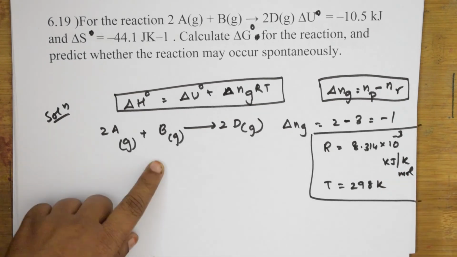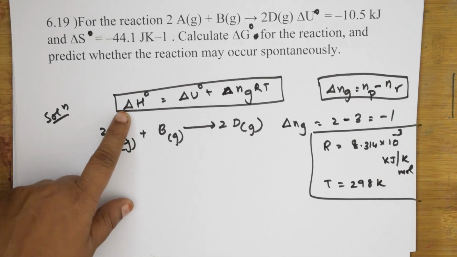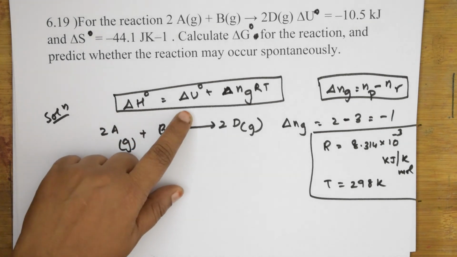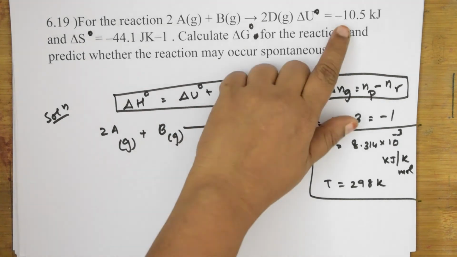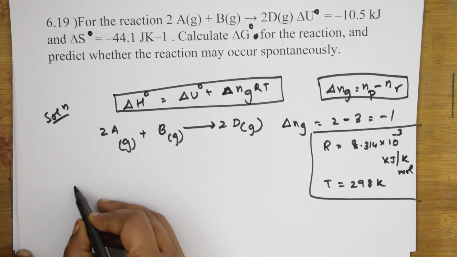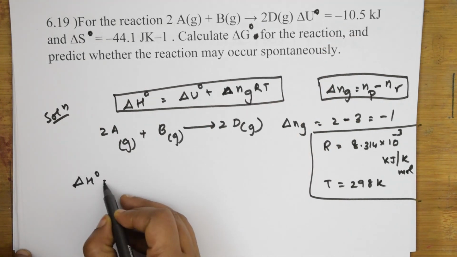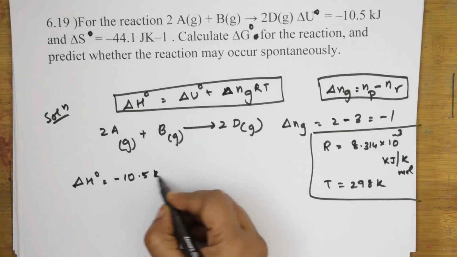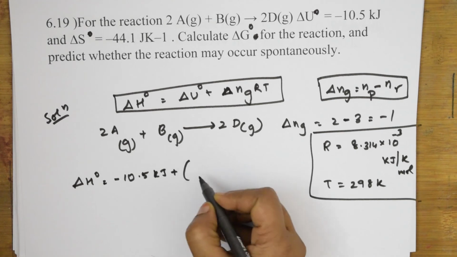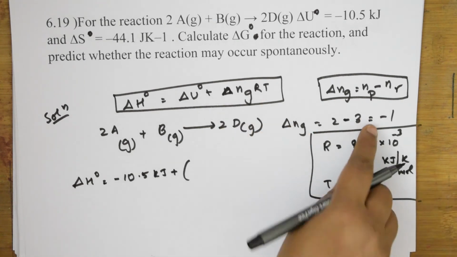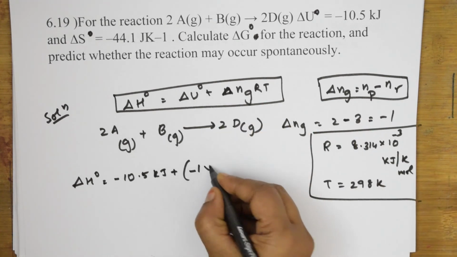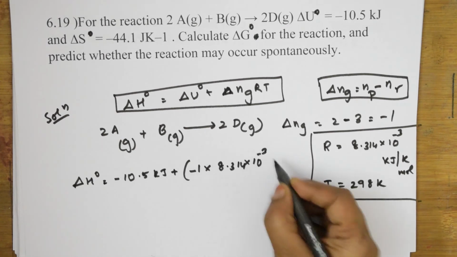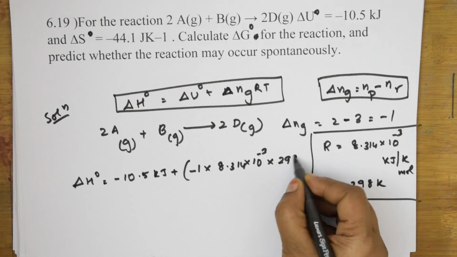Start substituting in this. I should find out delta H naught. What is delta U naught? They have given me minus 10.5. Let's substitute. So delta H naught is equal to minus 10.5 kilojoule plus delta Ng, which is minus 1, into 8.314 into 10 raised to the power minus 3 into 298 Kelvin.